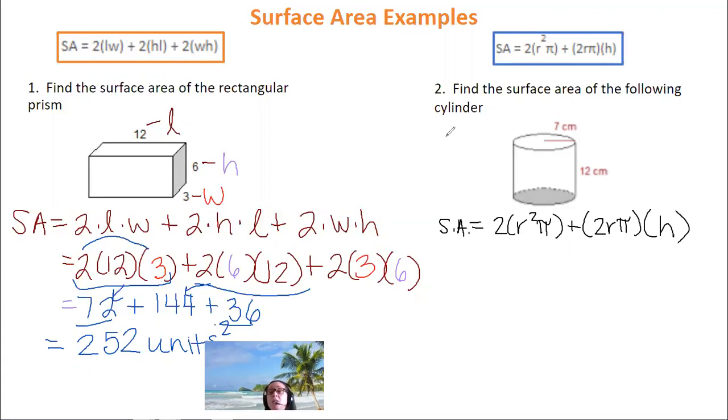Cool. So what is my radius for this one that I would plug in? 7. Yup, very good.